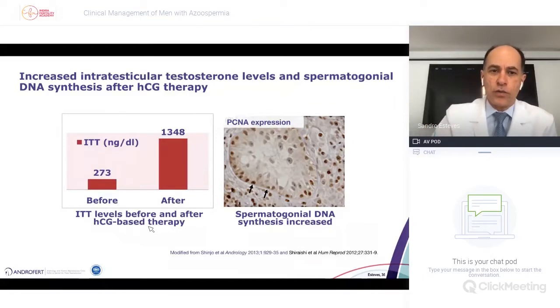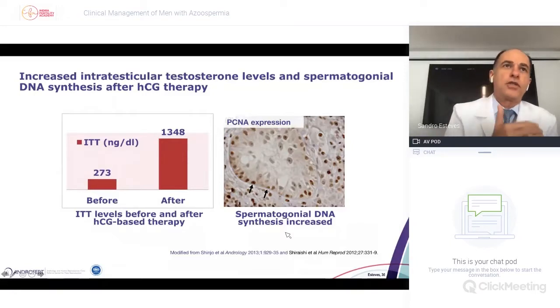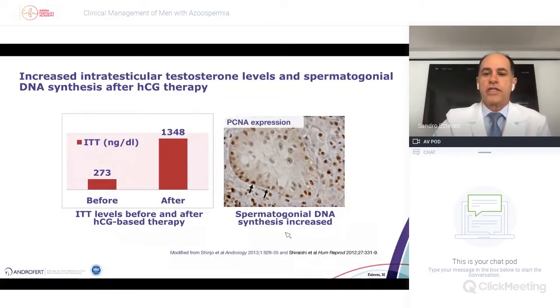Using HCG therapy, we might increase intratesticular testosterone, and we might also stimulate spermatogonial activity. And this could make differentiation from spermatogonia to spermatocytes, to spermatids, and to mature sperm, increasing the opportunity of having sperm inside the testicle.